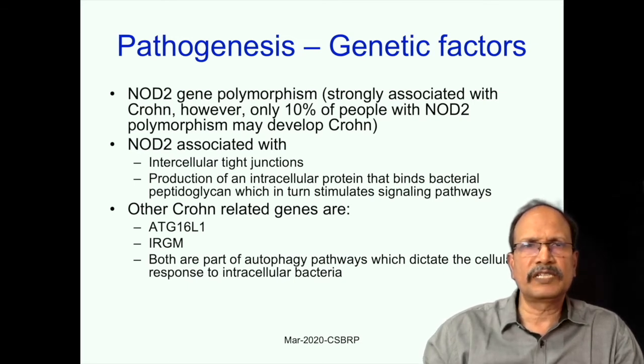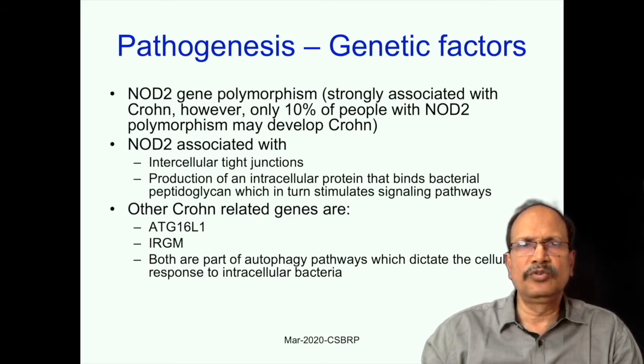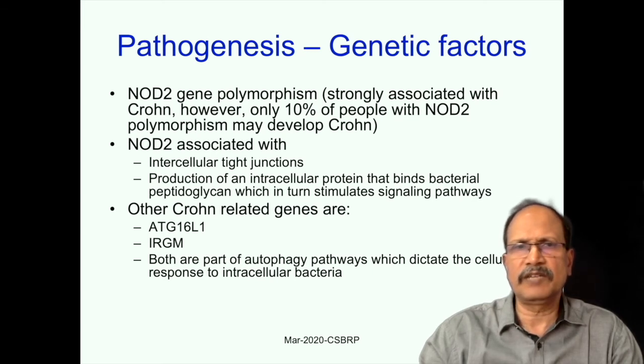And this is an important slide wherein NOD2 gene polymorphism is strongly implicated in the development of inflammatory bowel disease. This NOD2 gene is responsible for integrity of intercellular tight junctions, and also it produces an intracellular protein which binds with the bacterial peptidoglycan that stimulates the signaling pathways.